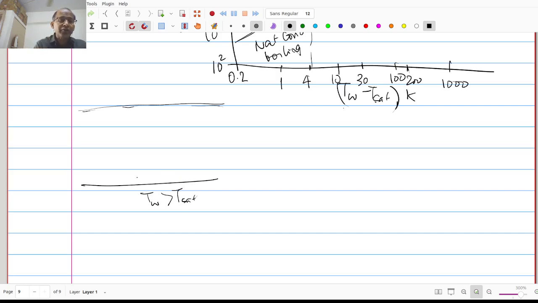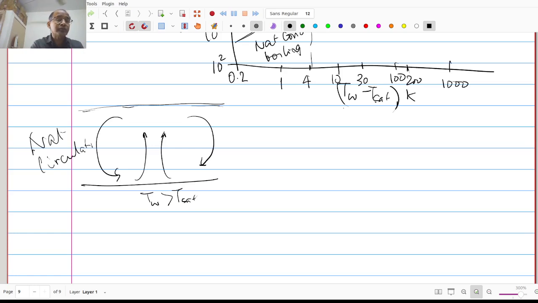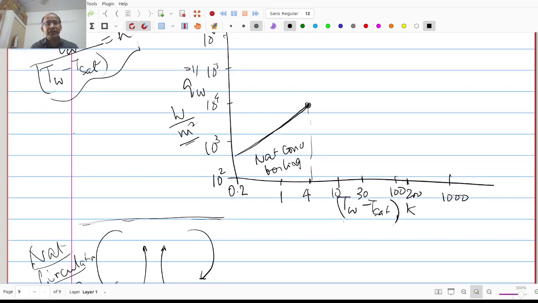Because of the higher temperature, the liquid rises up by natural convection, and cold liquid from elsewhere comes and replaces it, and you get natural circulation loops. So this is the mechanism of heat transfer in the first 4 degrees of temperature difference that you typically see.